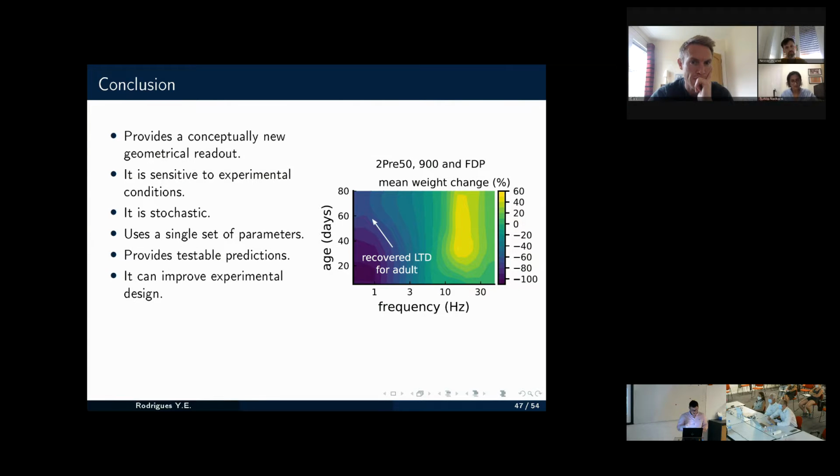Another conclusion, another nice point, is that we can improve experimental design. For instance, it is hard for experimentalists to have LTD for old rats. We can propose a stimulation protocol to recover the LTD for old rats, for instance. It's something good that experimentalists may need.